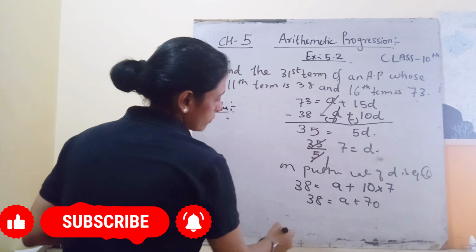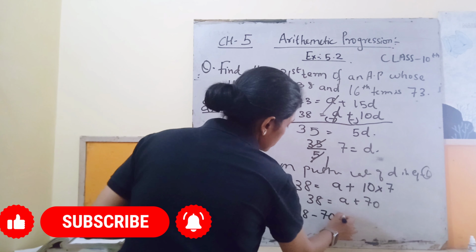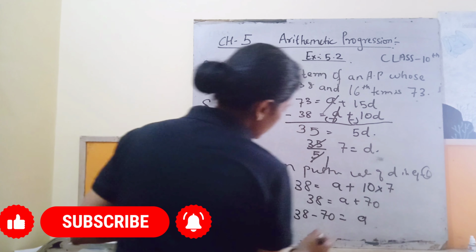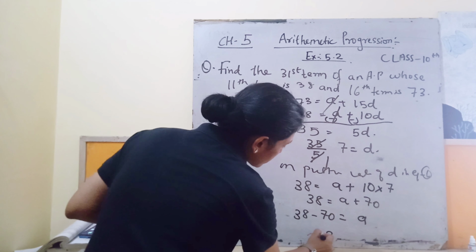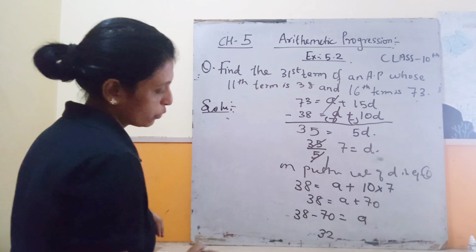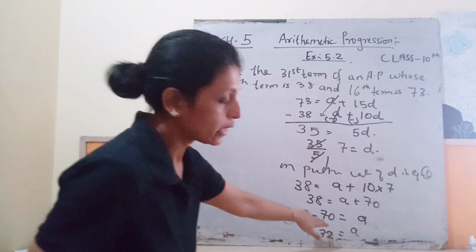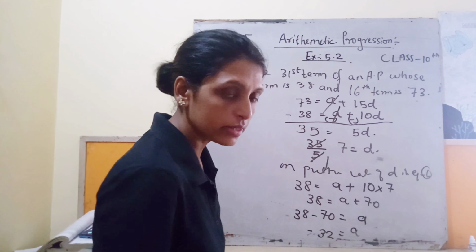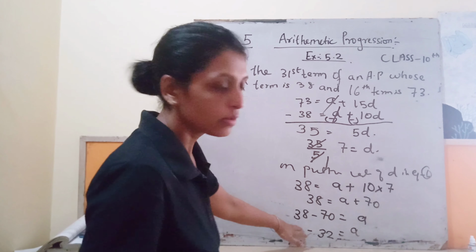Now plus 70 will go this side, so it will be 38 - 70 = a, and 70 minus 38 will be 32. Minus 32. Why? Because the bigger quantity 70 is having the negative sign. So we got the value a = -32.